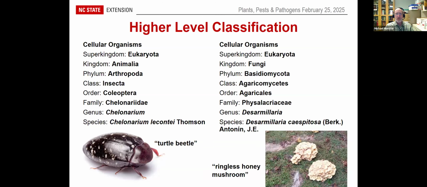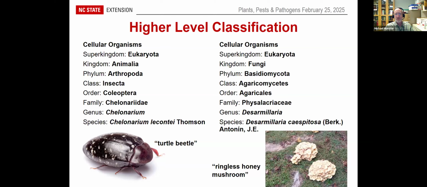Sure. So we part ways here after the superkingdom. The kingdom Fungi, although actually fairly closely related to the animals, is separate from them. The phylum Basidiomycota is where this and most other macrofungi belong, in the Agaricomycetes and Agaricales.